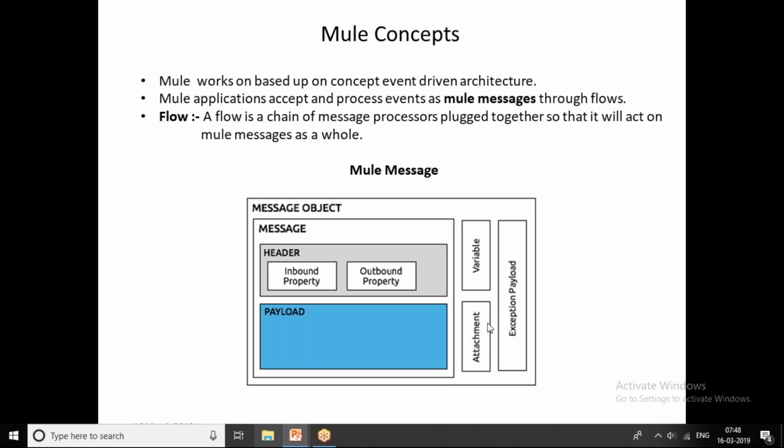We can see the attachments, we can put an attachment, we can set a variable, we can read a variable. All these things can be done using the Mule message object.